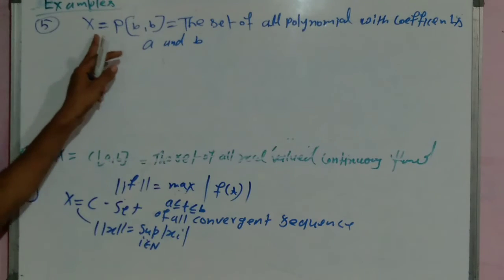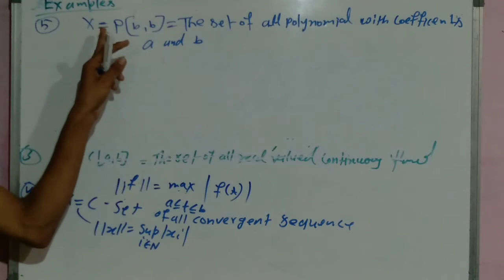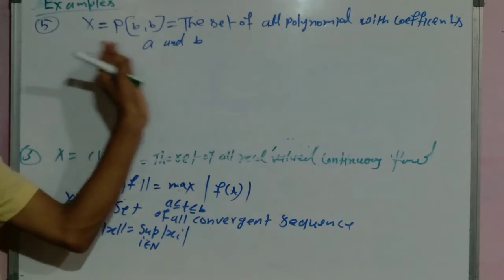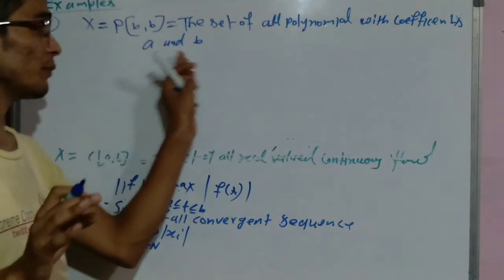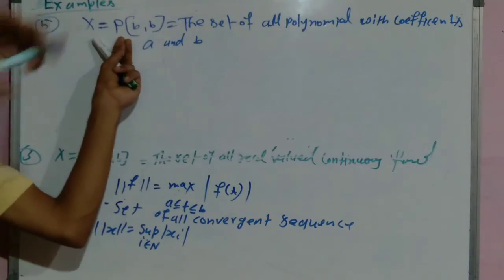So X equals P[a,b]. This is the set of all polynomials with coefficients a and b.